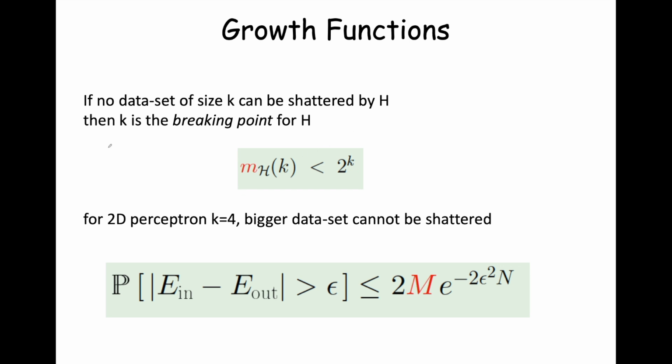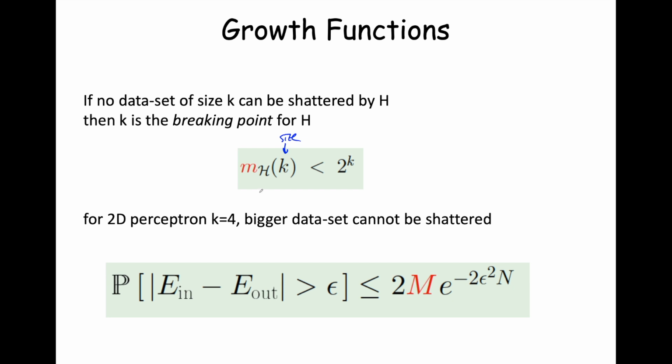And so we call k the break point for your hypothesis set H. The break point k is that in-sample data set size such that the growth function is less than 2 to the k.